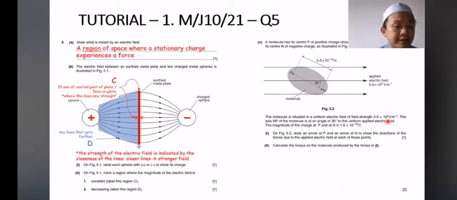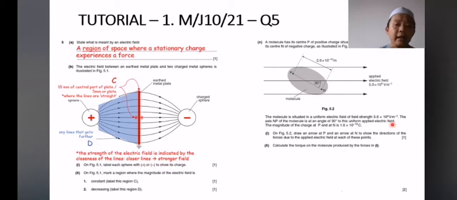Because for electric field strength, there are two main formulas we use throughout the chapter, which is E equals F over Q, and E equals V over d, where both are interchangeable actually. But here it states that the electric field strength is 5 times 10 to the power 4 volts per meter. The axis NP of the molecule is at an angle of 30 degrees to this uniform applied electric field.